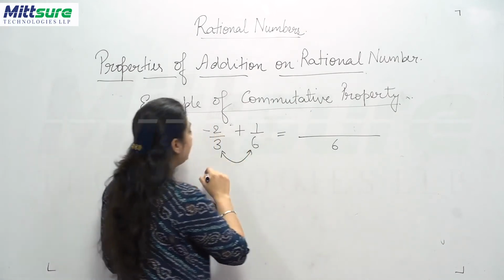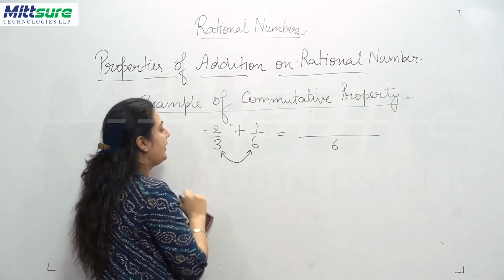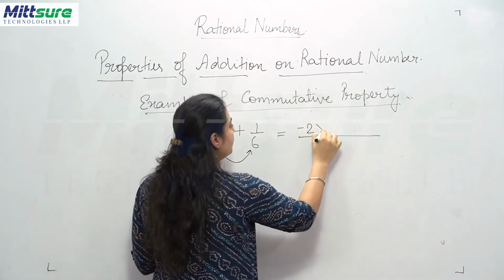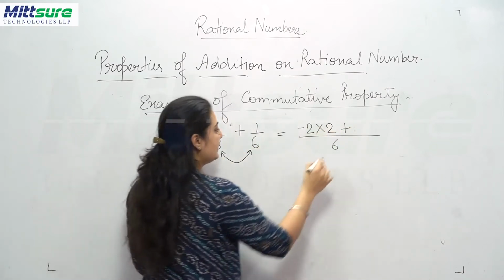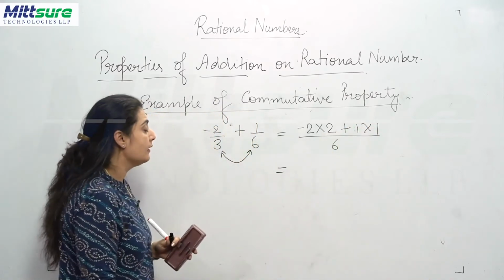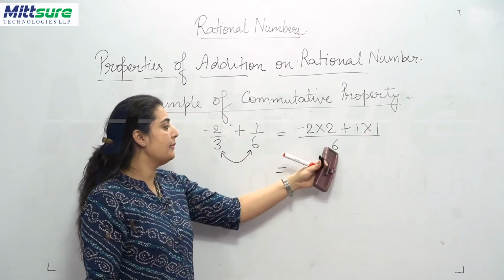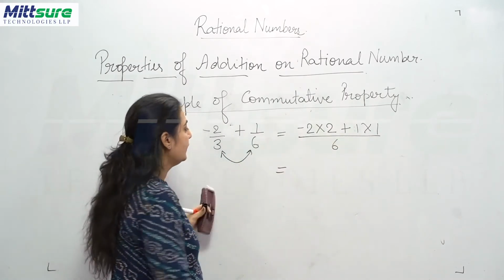Now after taking 6, this 6 when divided by 3, I get 2. So minus 2 multiplied by 2 plus 6 remains 6, 1 multiplied by 1. Why this 6 remains 6 only? Because 6 divided by 6 is equal to 1. Clear?